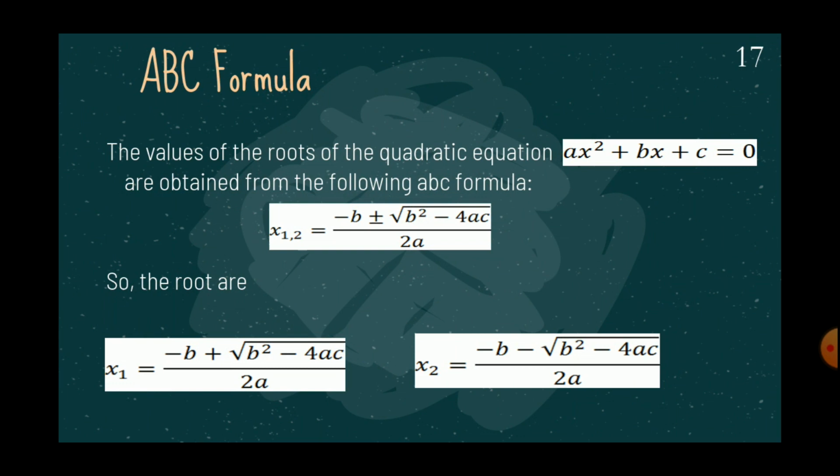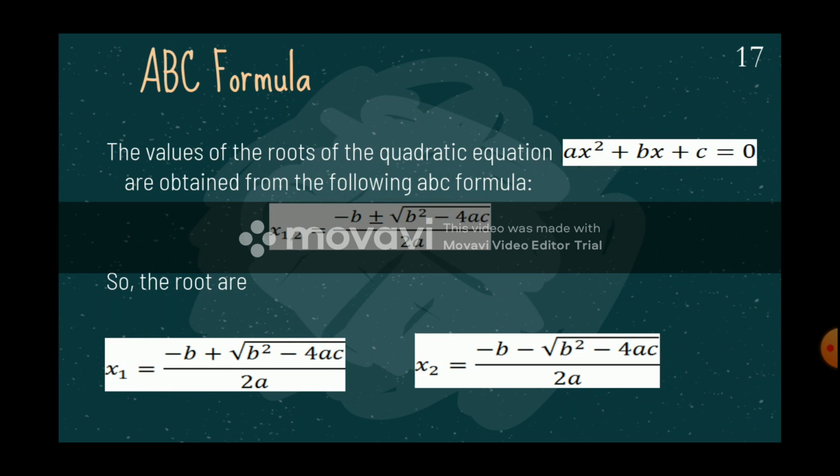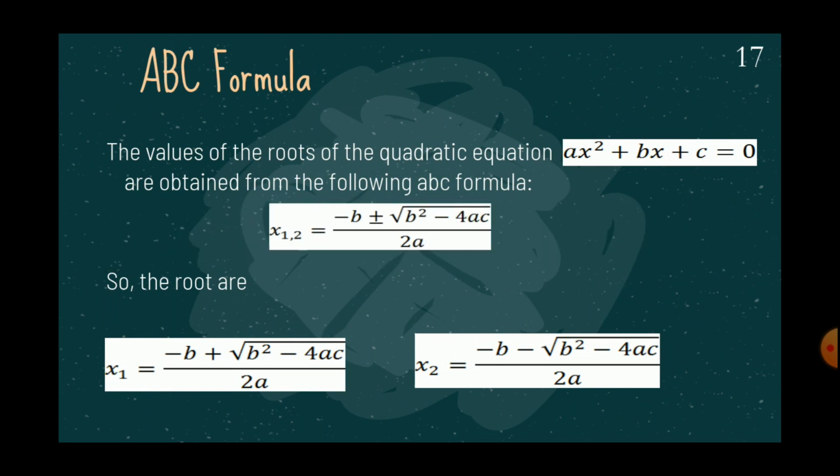So, the roots are x1 equals minus b plus the root of b squared minus 4ac over 2a, and x2 equals minus b minus the root of b squared minus 4ac over 2a.